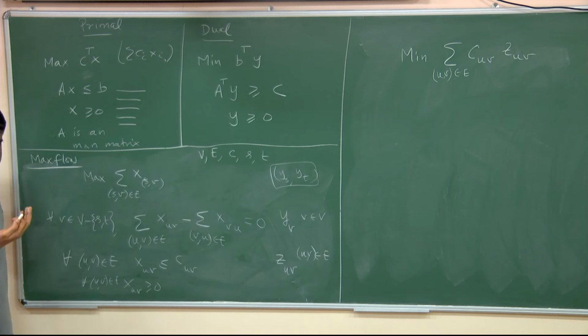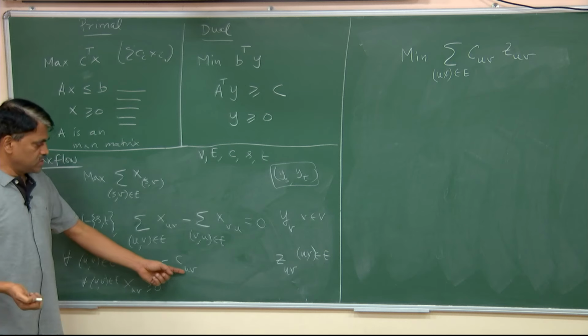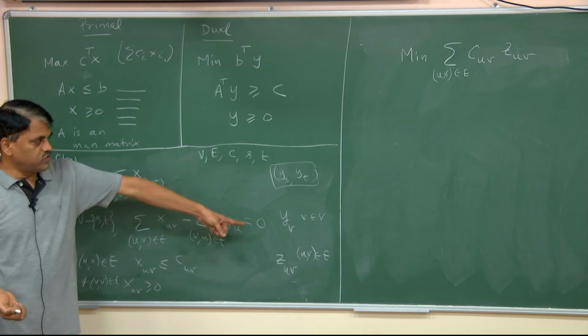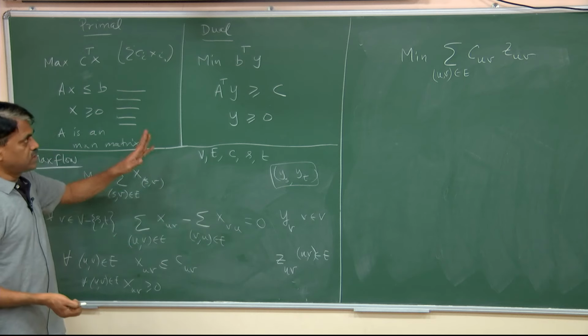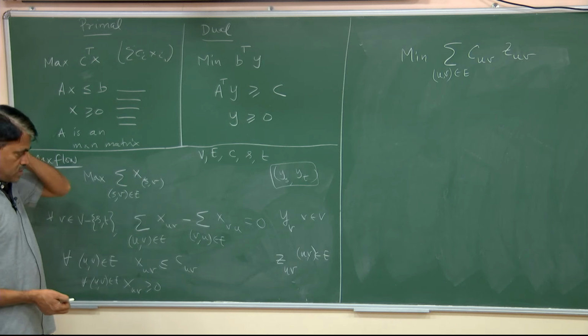It's a minimization, with the right hand side CUV for every ZUV and 0 for every YV. So that's my objective function.